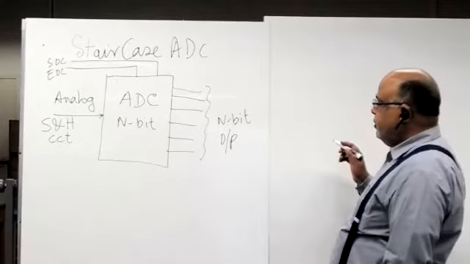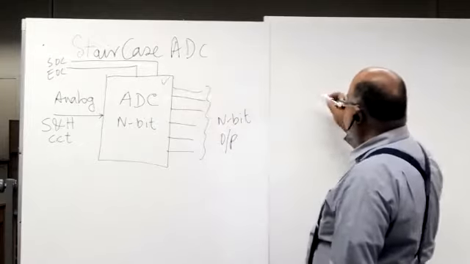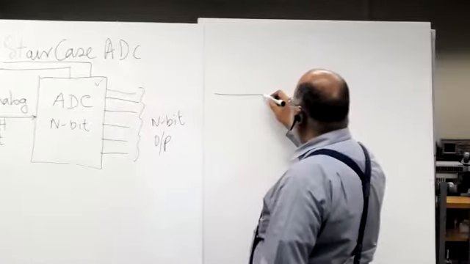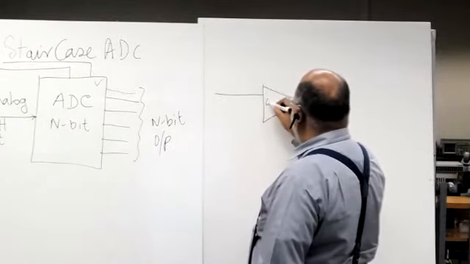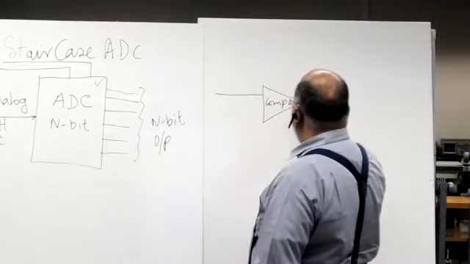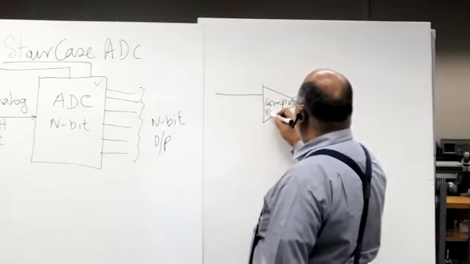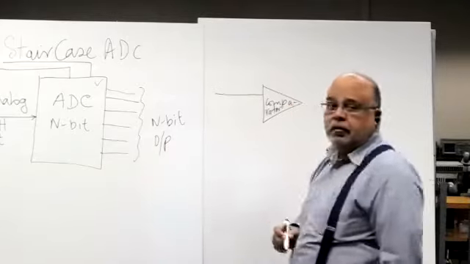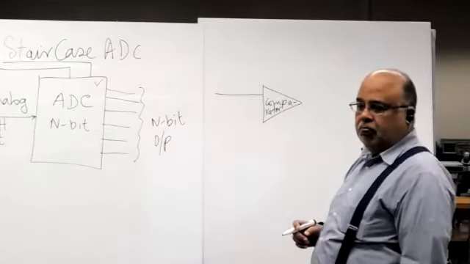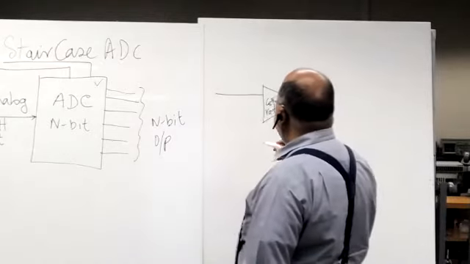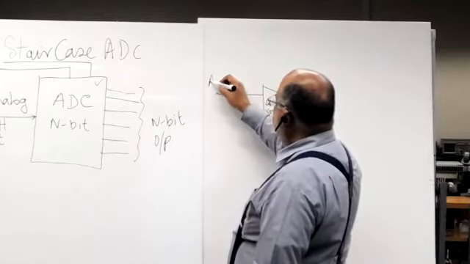So inside this circuit, the first thing that we have is a comparator. The input comes here, analog in.